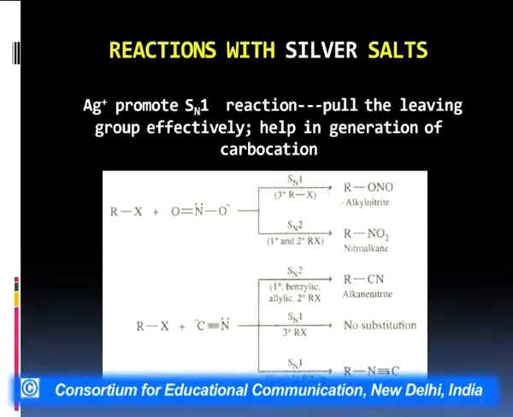In the next case, if we do the reaction with silver salts, silver salts generally help the SN1 reaction by effectively generating the carbocation. If we have a tertiary alkyl halide and we do the reaction with nitrite, we will get an alkyl nitrite, whereas if the substrate follows an SN2 mechanism, we will get a nitroalkane.